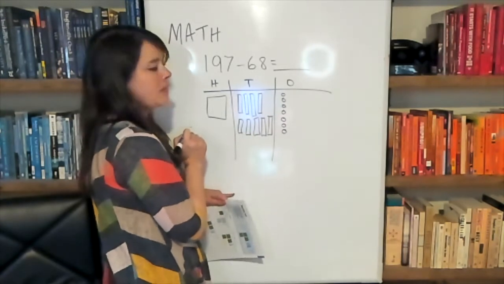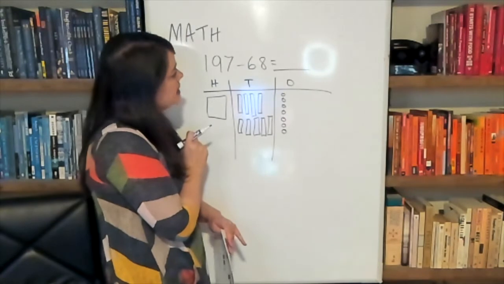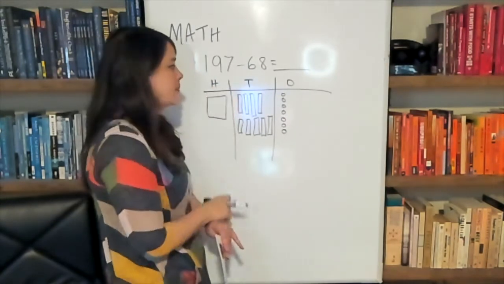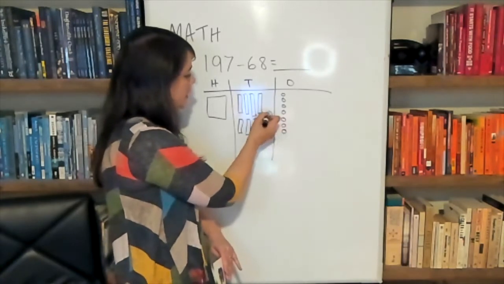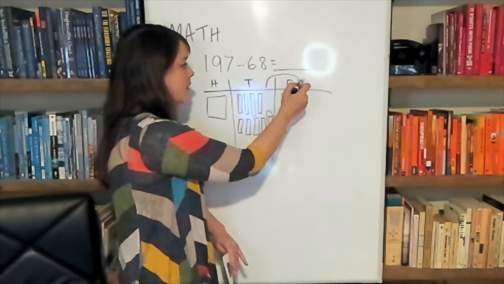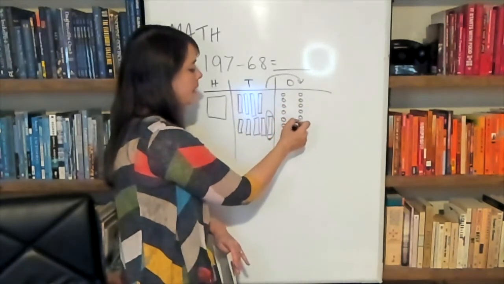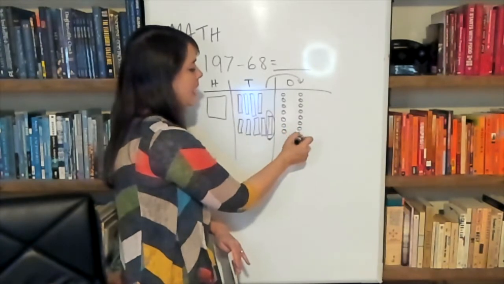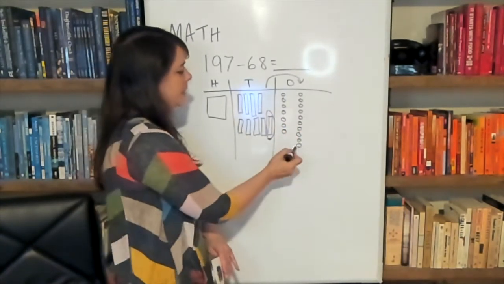All right. Now, to solve this problem, they want 8 to be taken away from 7, which you can't do, right? So let's take one of these, borrow it, or rename it over here into the ones. 1, 2, 3, 4, 5, 6, 7, 8, 9, 10. Now we can take away 8, can't we?